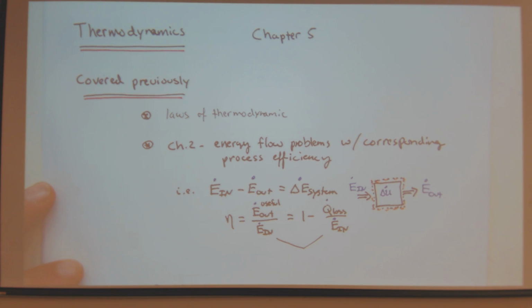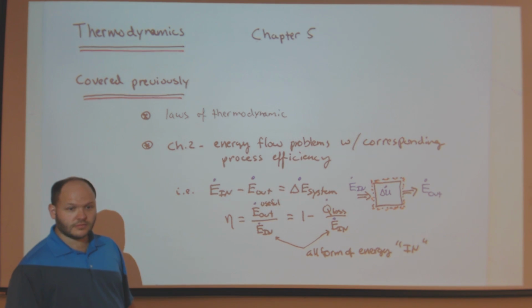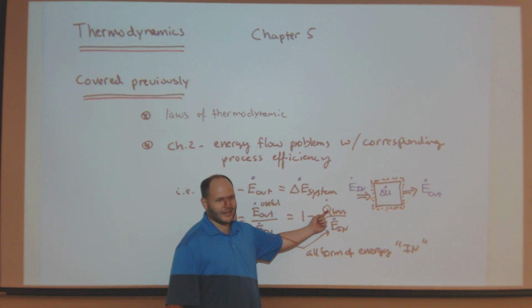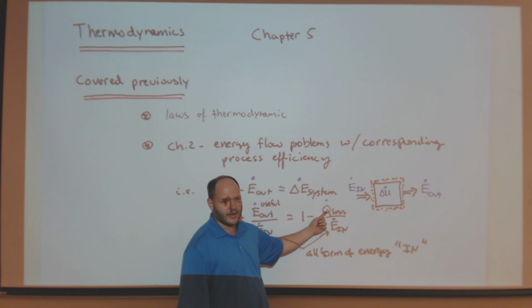So this energy in is all forms of energy in. Likewise, my energy out, that's all forms of useful energy out. Yes? So the energy out that's not useful is reflected in the change in energy of the system. So we could say that this is 1 minus the energy out not useful, right?